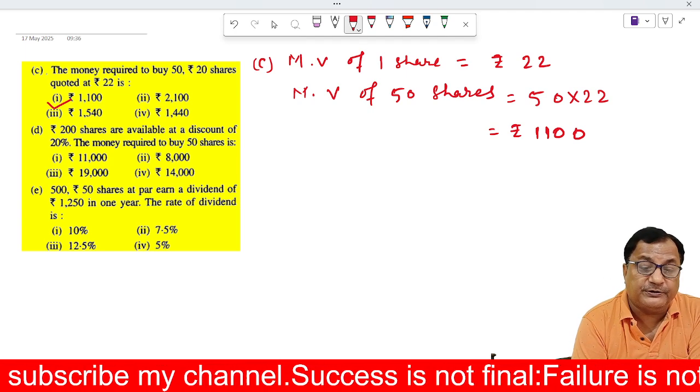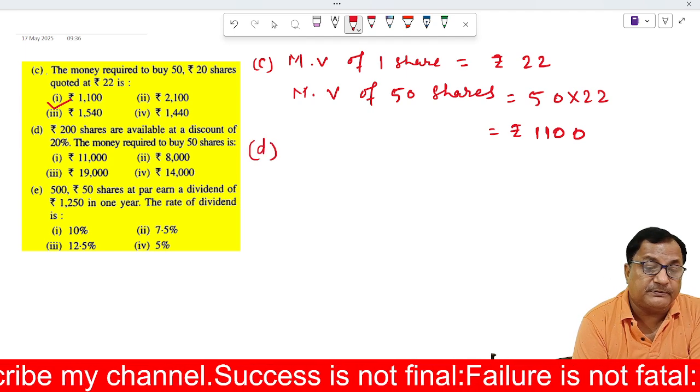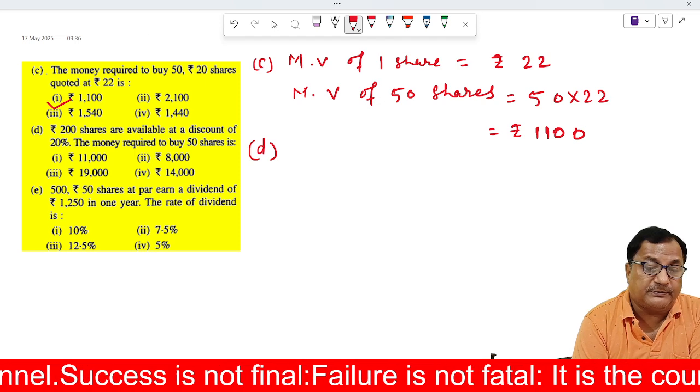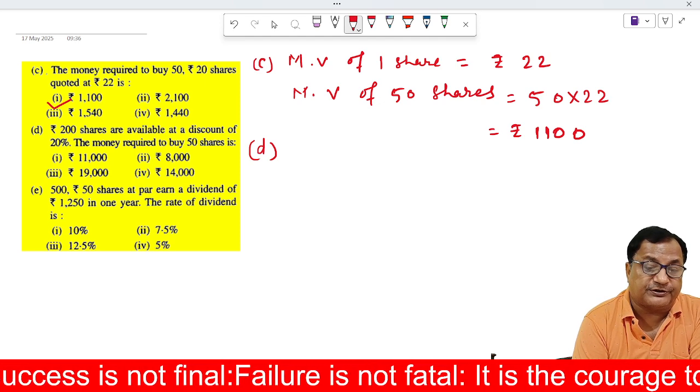Now see question number D. Shares of 200 are available at a discount of 20%. The money required to buy 50 shares.